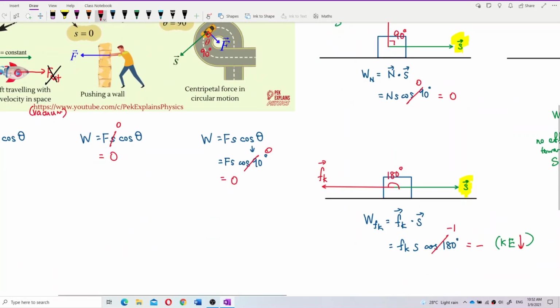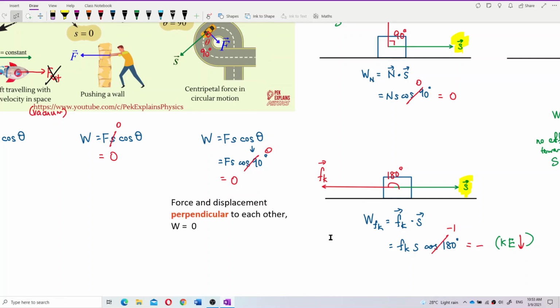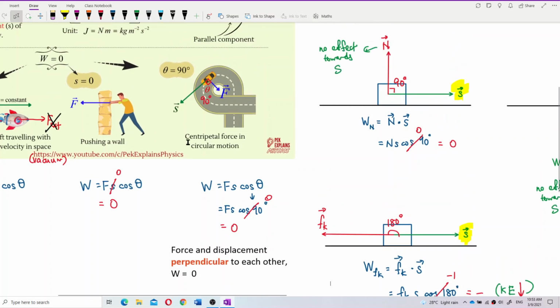Let me write something here. If the force and displacement are perpendicular to each other, like this centripetal force always directed to the center of the circle, it is always perpendicular to the displacement. The symbol for centripetal force is Fc.